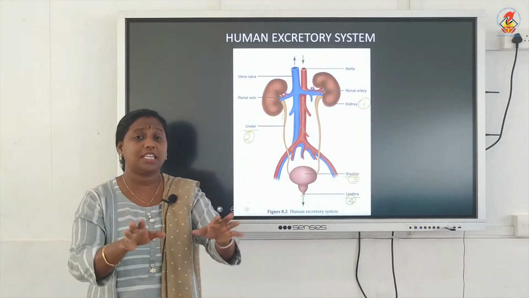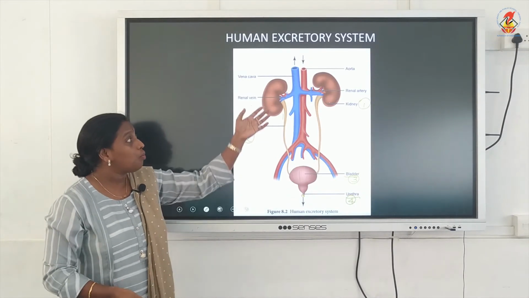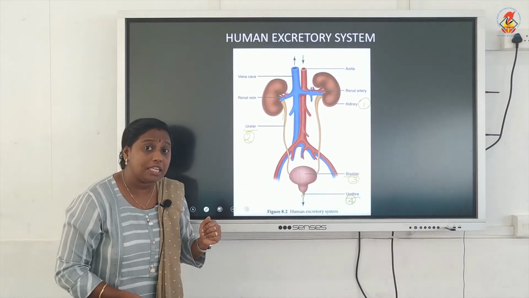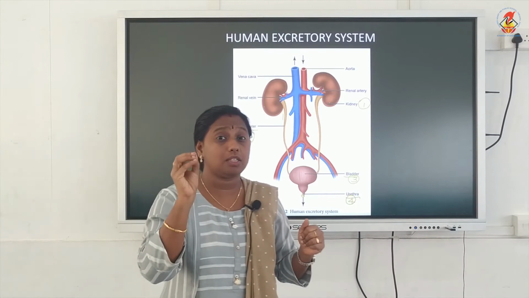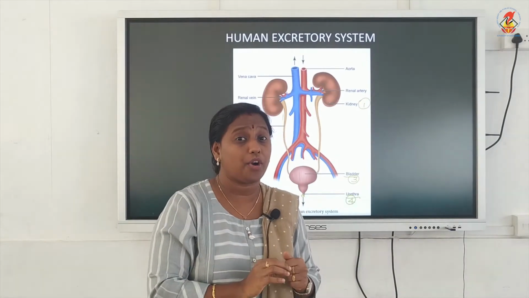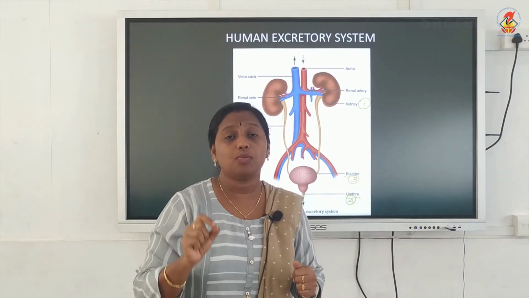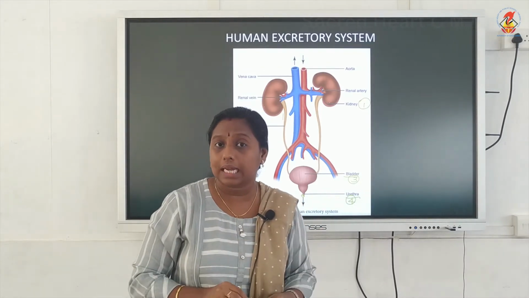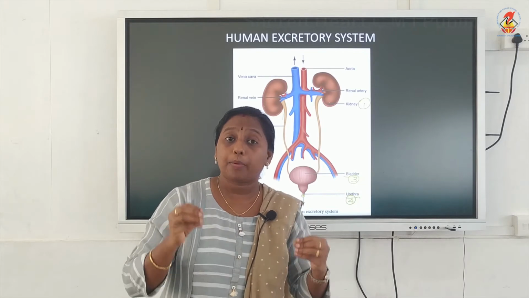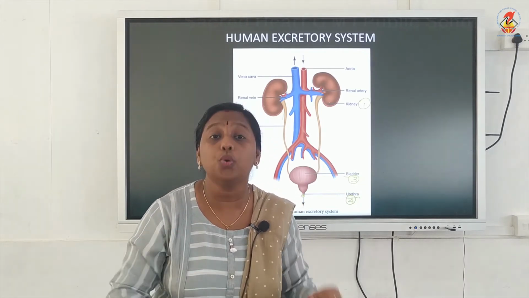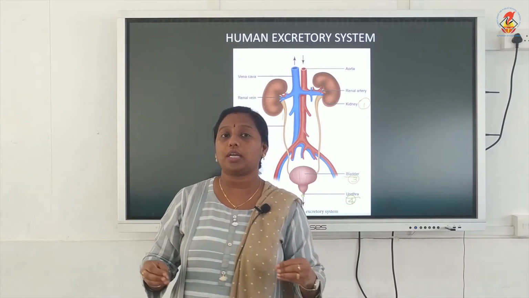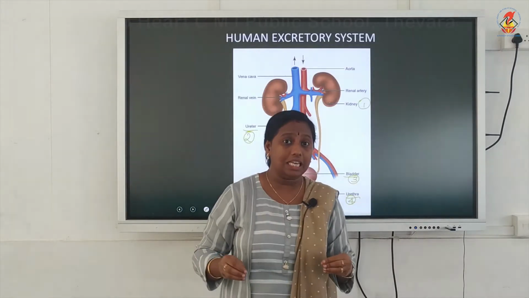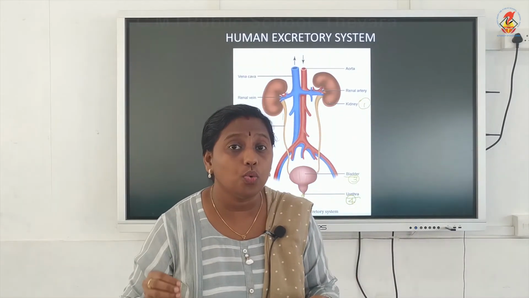All the unwanted materials will be dumped in the kidney. What will the kidney do with these unwanted materials? Most of these unwanted materials will be very toxic to your body. These toxic waste materials will be diluted with water inside the kidney and the product will be urine. This diluted product which is produced inside your kidney is called urine.